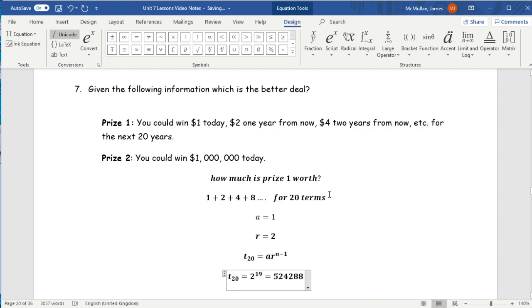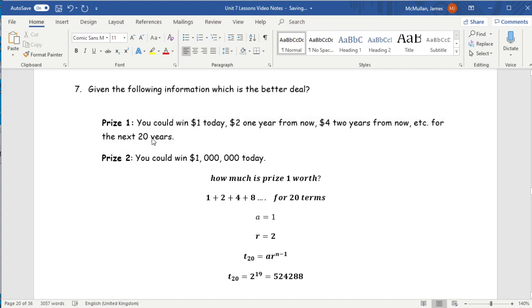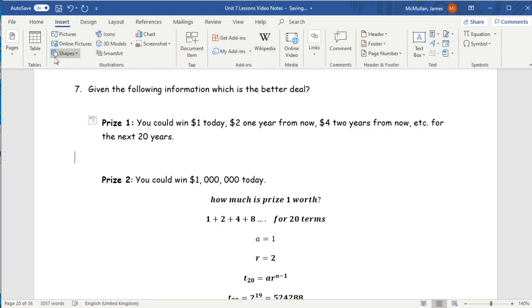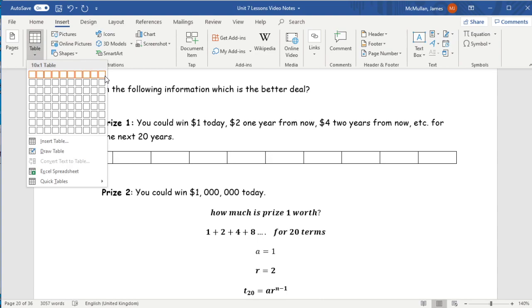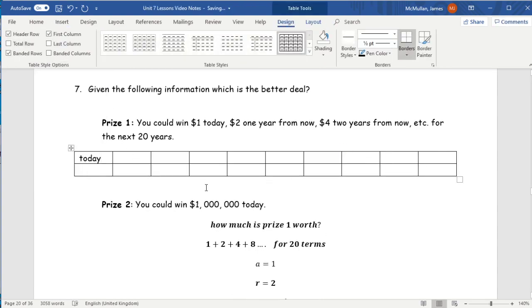Sorry, it's not really clear from this question. Do you get it again in the 20th year, or is it over after the 19th year? You know what I'm saying? Let me just quickly show you what I mean. So today, and then I get 1 year from now, 2 years, 3, 4, 5, 6, 7, 8, 9.